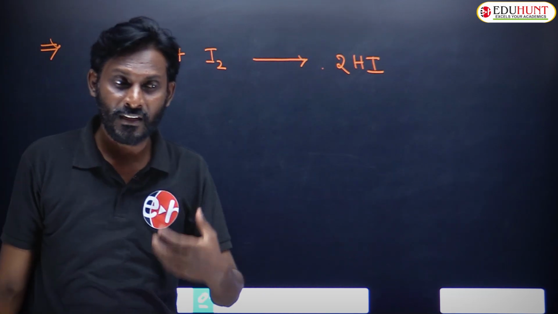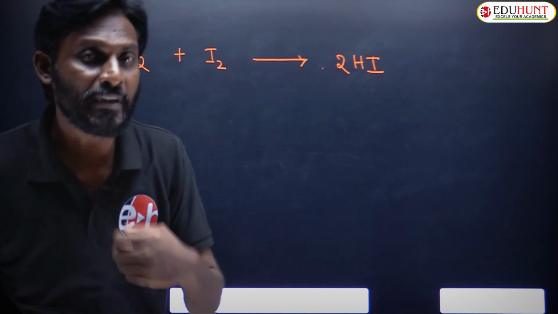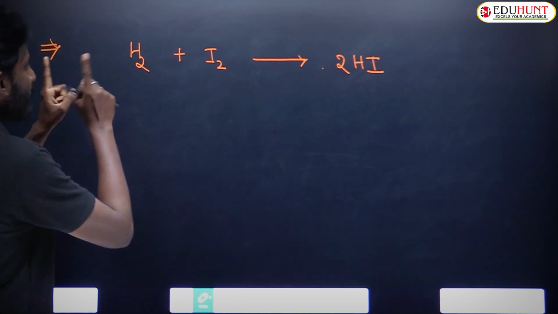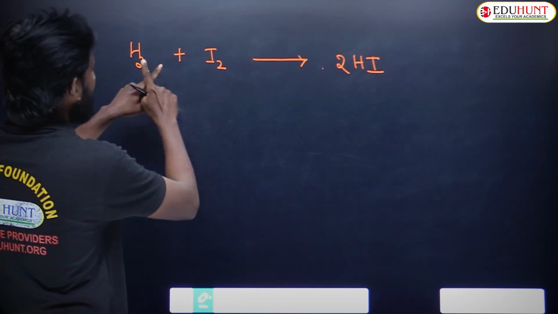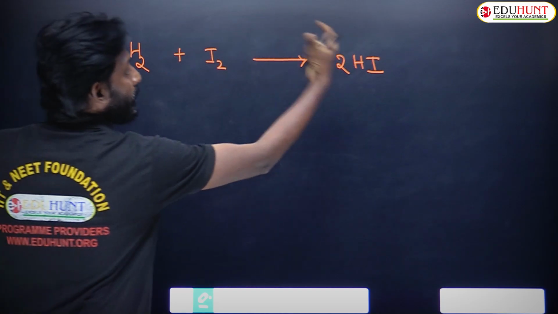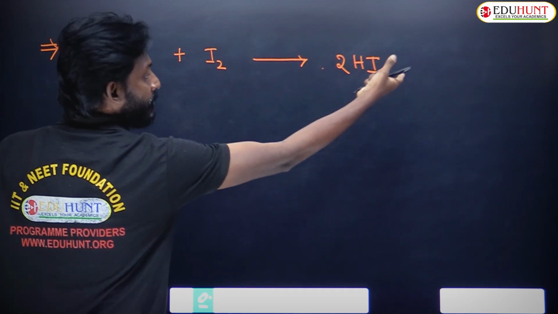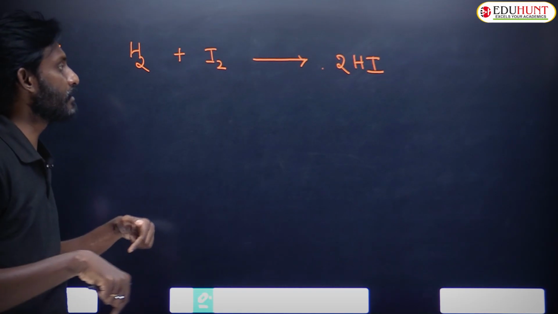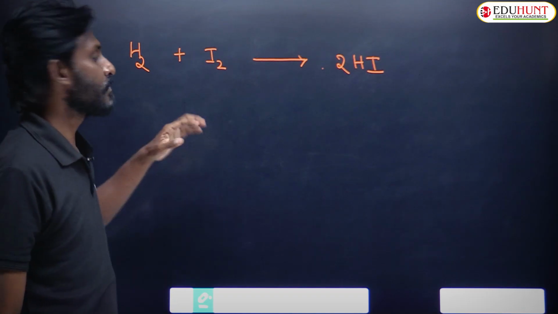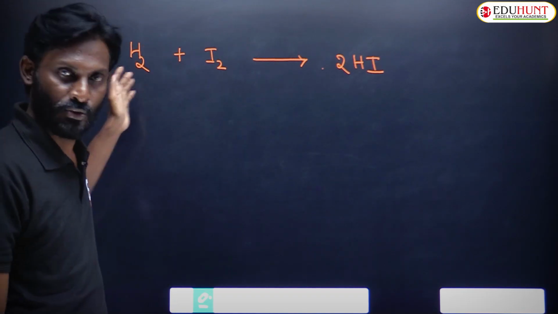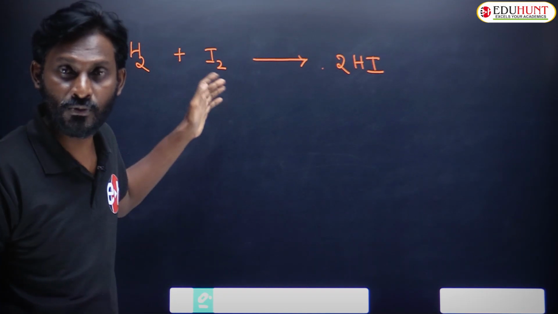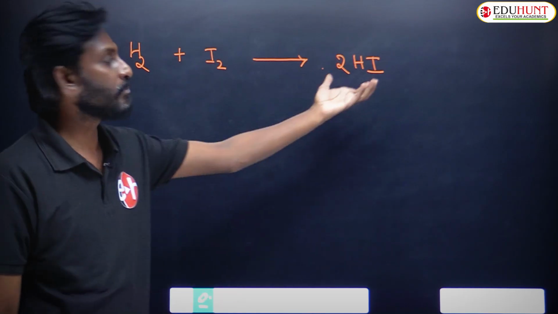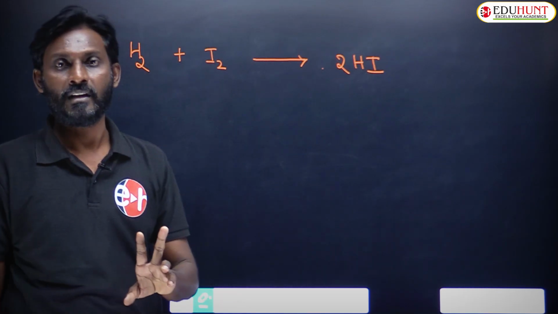Now the point is, what happened here? Something happened between these 2 chemical species to convert them into a particular different chemical species. What I am trying to convey is that the properties of H2 and the properties of I2 are entirely different from the properties of HI.